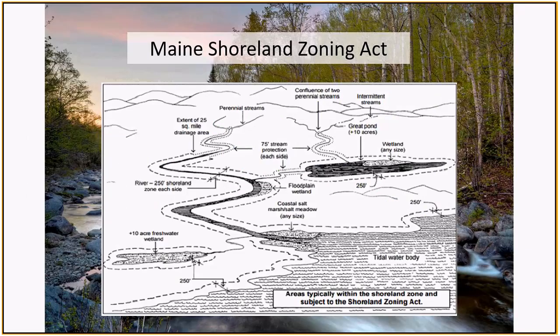And it's interesting to note that Maine has been requiring setbacks and buffers around its lakes and streams for the past 40 years, whereas Vermont only recently passed a shoreline protection law for lakes and still has no stream buffer protection at all in its regulations.